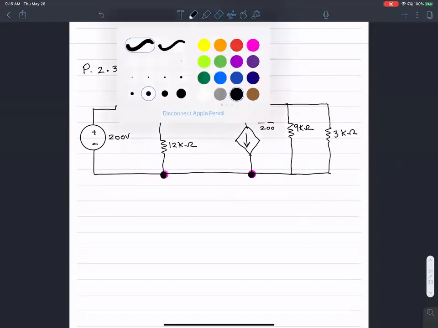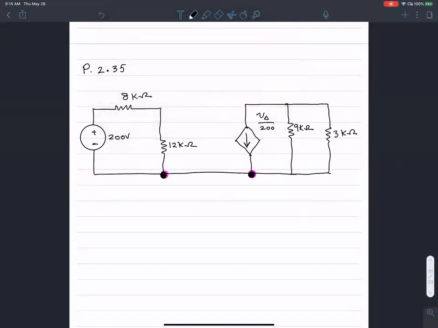So the assumption I can make about this circuit is that the current going in here is 0. The current flowing through that branch, because it's not a closed path, has no way to come out, so I can assume that to be 0.